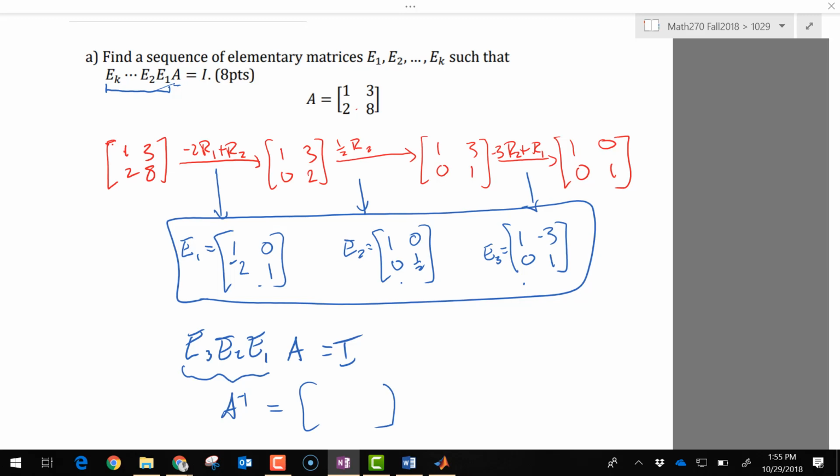You could do that to check your work, but if I specifically asked you to find the elementary matrices first and then find the inverse using them, that's what I would like to see. But you know that formula for the inverse of a 2 by 2 matrix, so you might as well use it to check your answer.